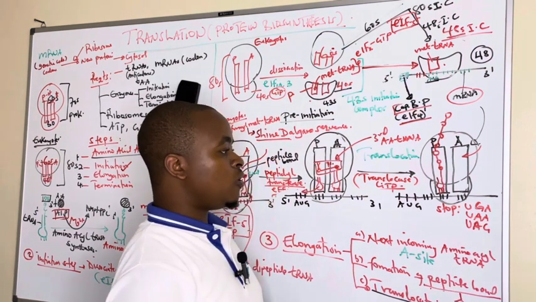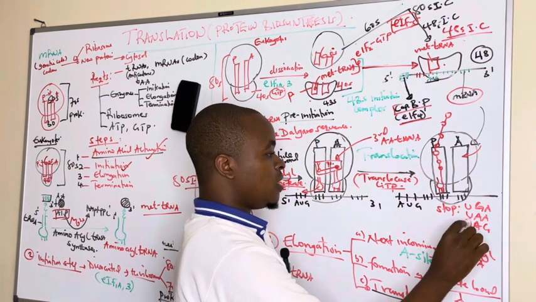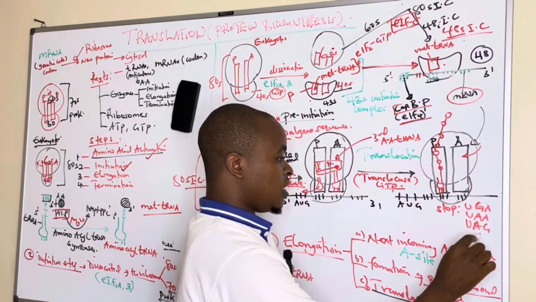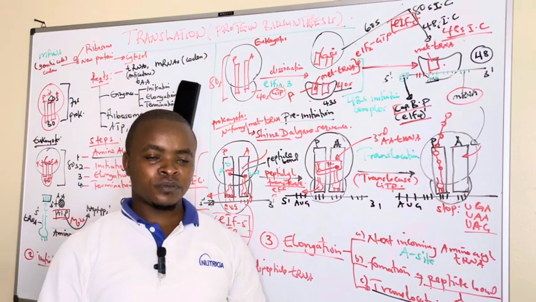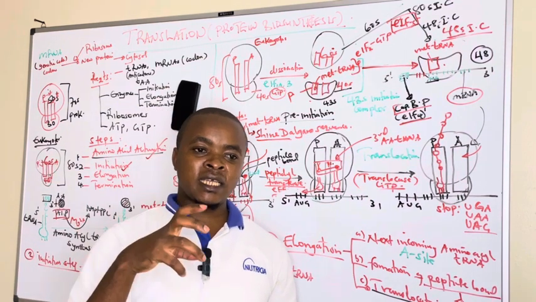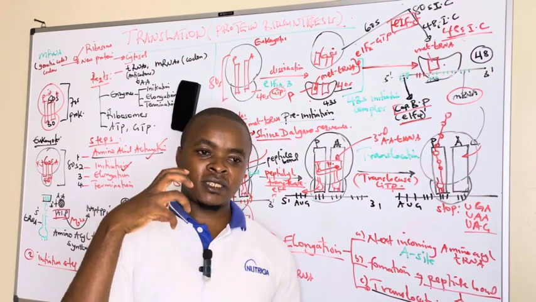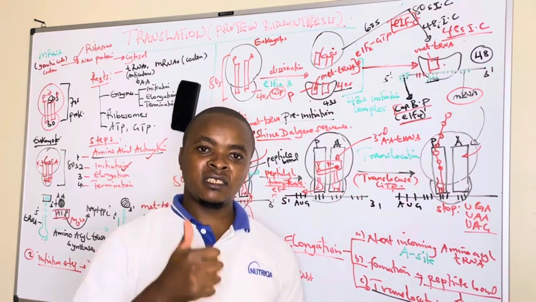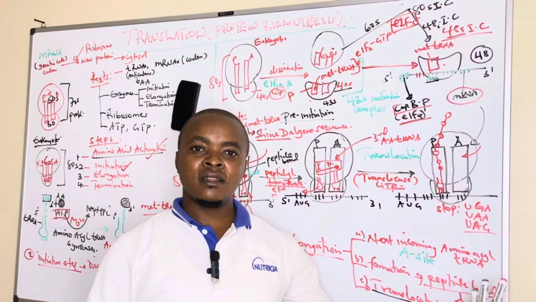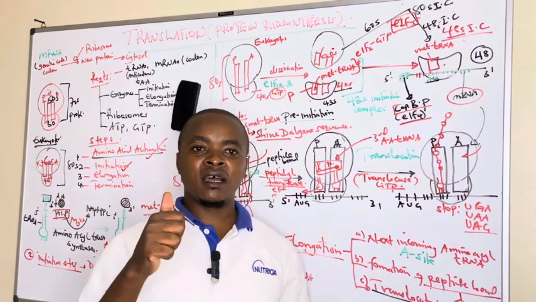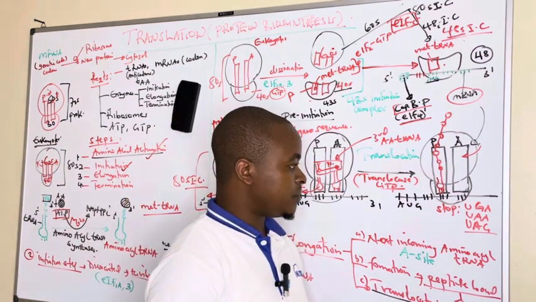These are the stop codons: UGA, UAA, and UAG. There are 3 stop codons. Whenever we are elongating, and the codon in the A site forms a termination signal, which is a nonsense codon, then the release factor comes into play.